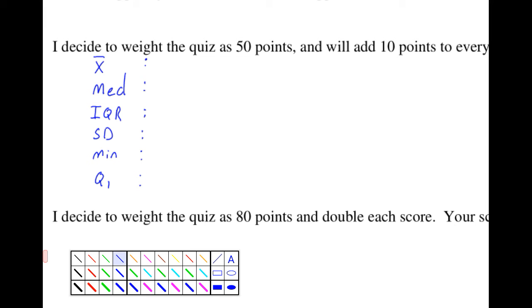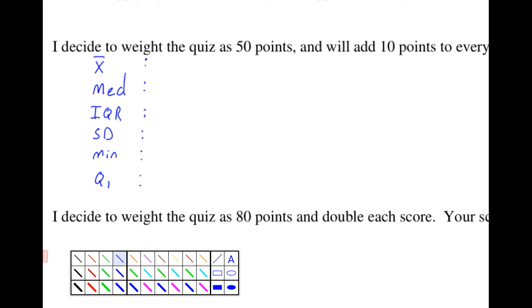However, IQR and standard deviation are measures of spread. Now, if I shift every single point by the same amount, my median, my minimum, my Q1, my Q3, my maximum, all of those, by taking 10 away, does the distance between the Q3 and Q1 change?